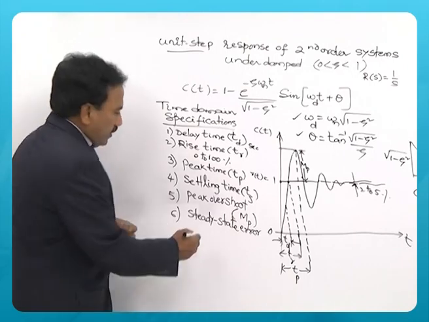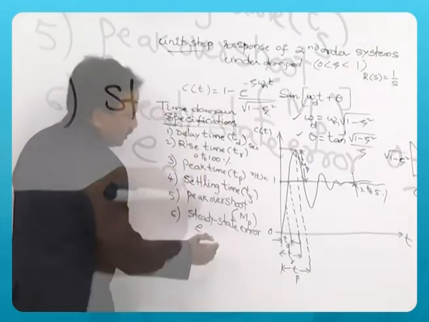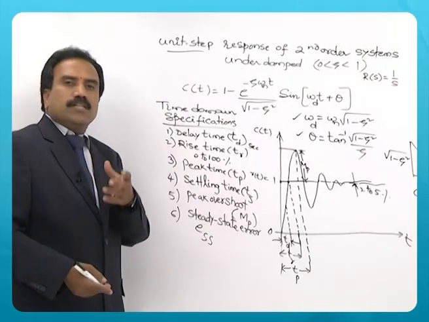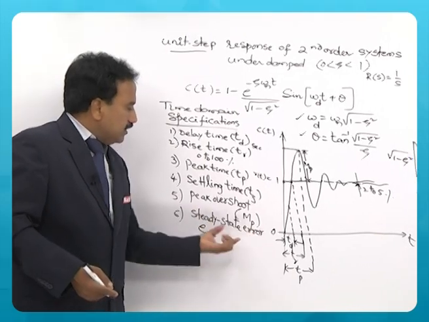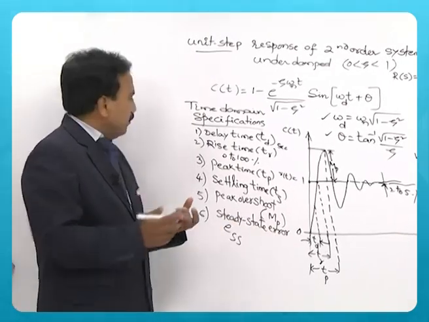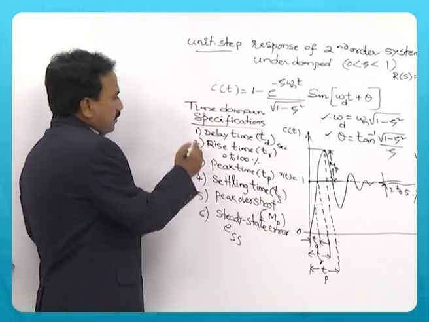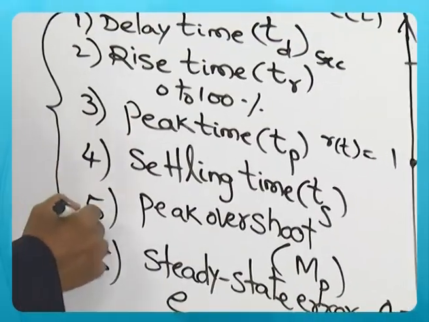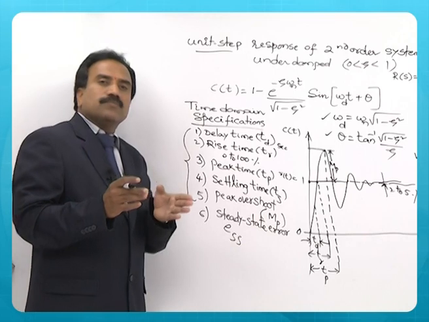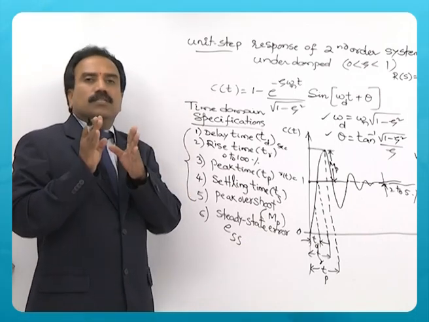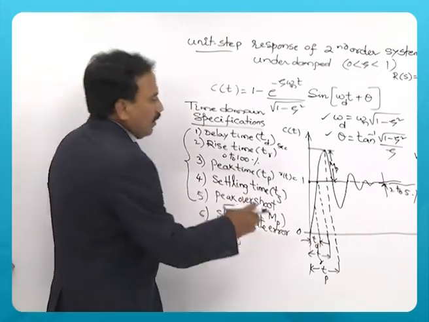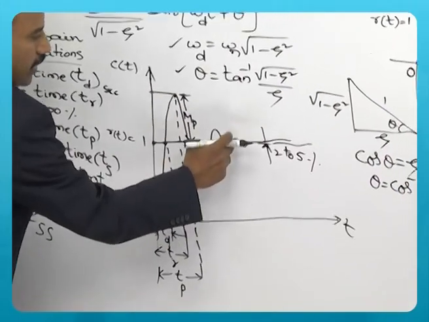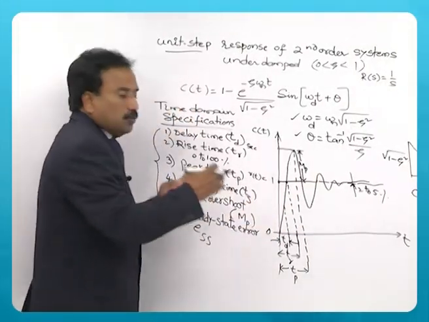Steady state error is represented by ESS. This steady state error means error in the steady state. Remember, out of 6, the first 5 parameters are in the transient part of the time response. When I call this entire one a time response, it has 2 parts.